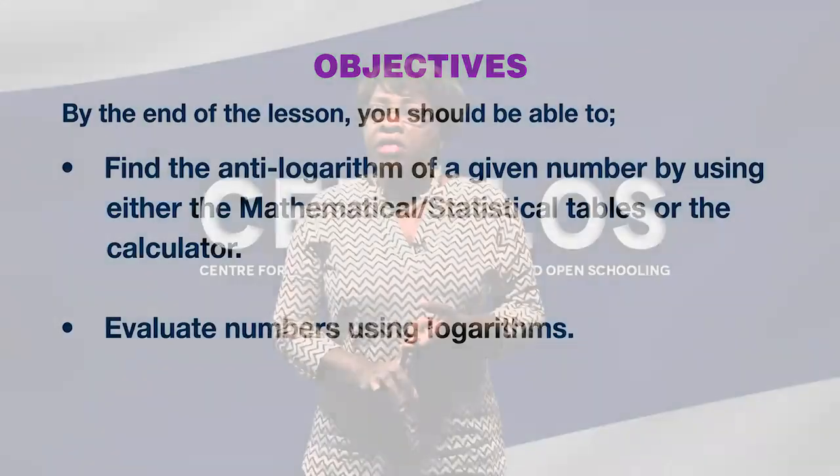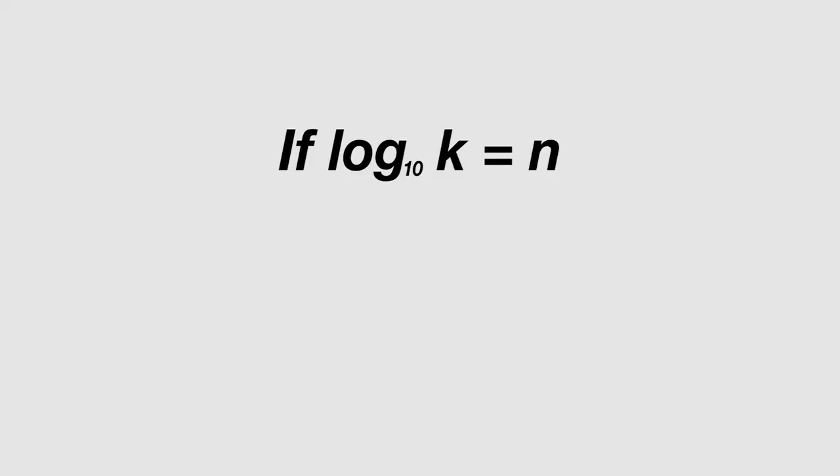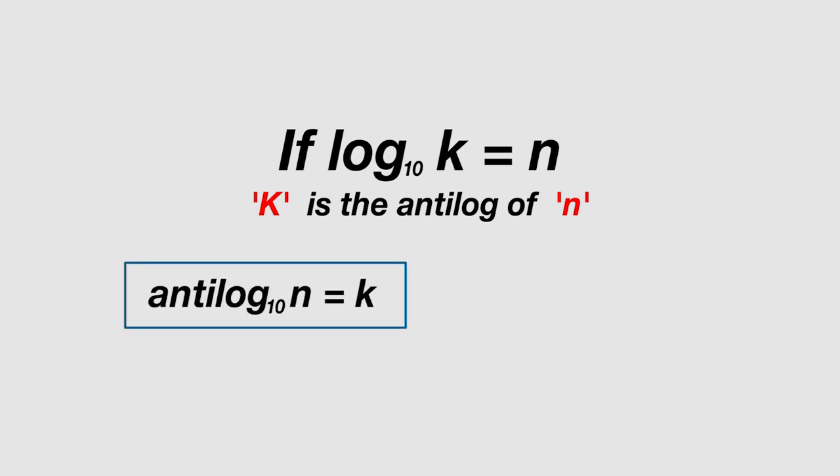Now, antilogarithms are the numbers whose logs are given. They are the reverse of logarithms. For instance, if log base 10 of k is equal to n, then k is the antilog of n. That is, antilog base 10 of n is equal to k.